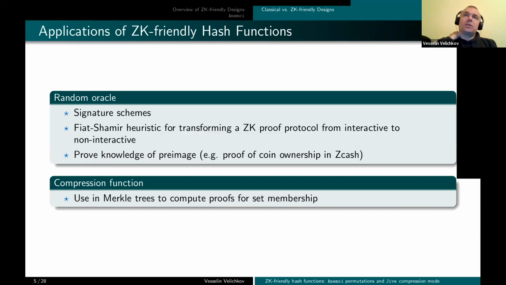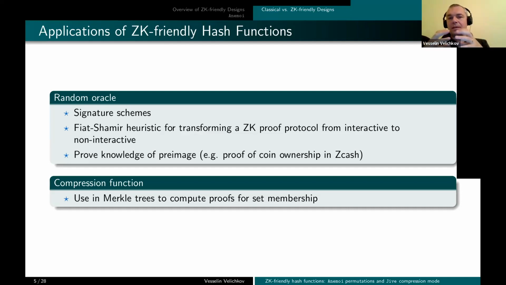For a ZK rollup on layer 2, you would be batching some transactions and processing them, and then on layer 1, you want to send just a proof that you have correctly processed the transactions, as opposed to sending all of them to layer 1 to be processed, right? So I think the hash function in this case comes into this box where you prepare the proof that you have correctly batched your transactions.